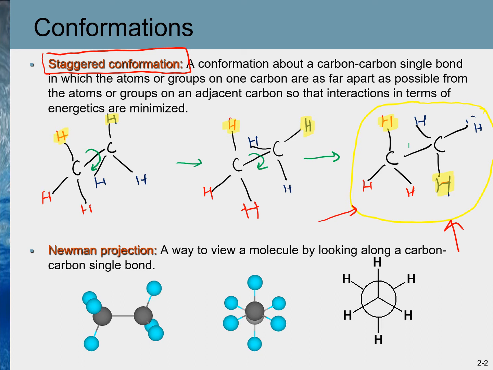In the next slide, we will see that the geometry shown here on the left hand side, where the hydrogens on one carbon are exactly in the same plane as the other ones, causes steric repulsions, and these steric repulsions cause strain.